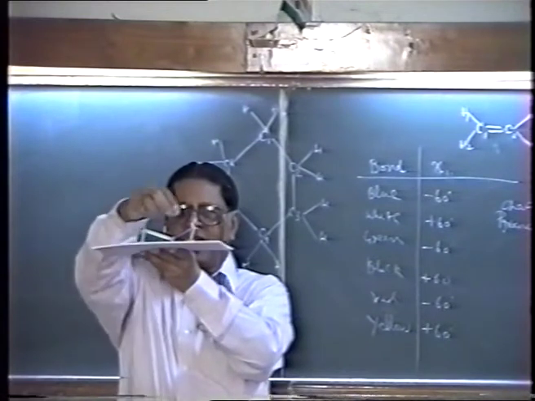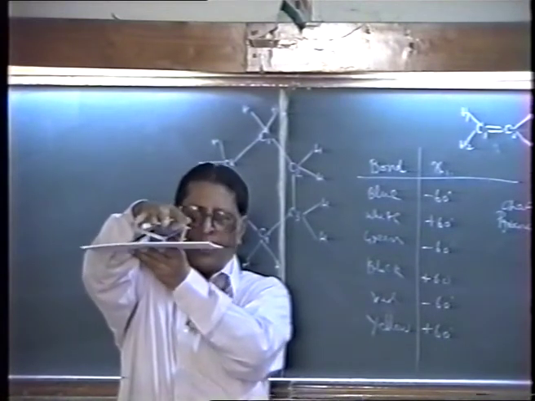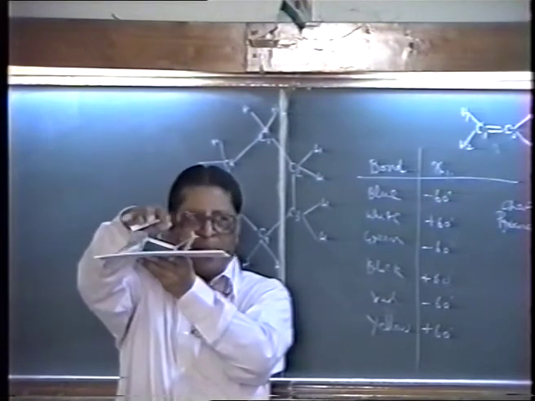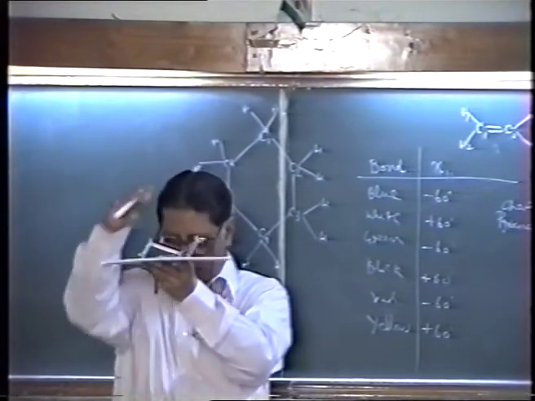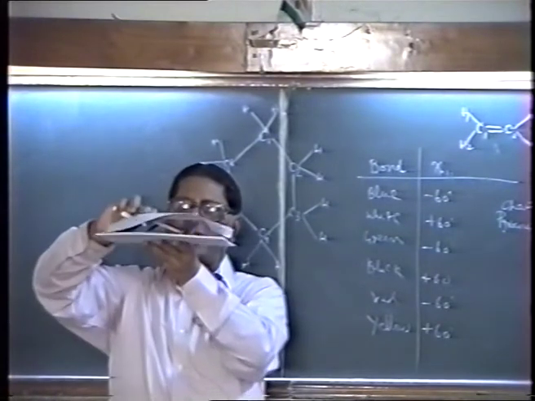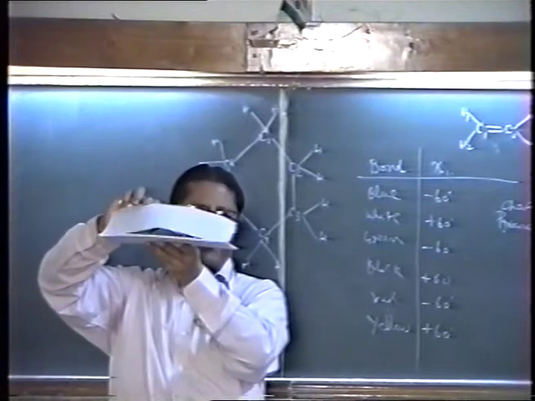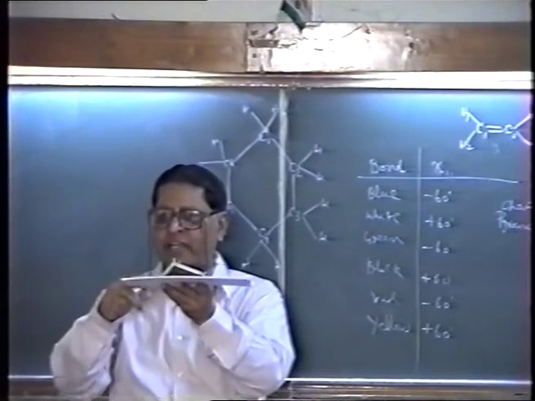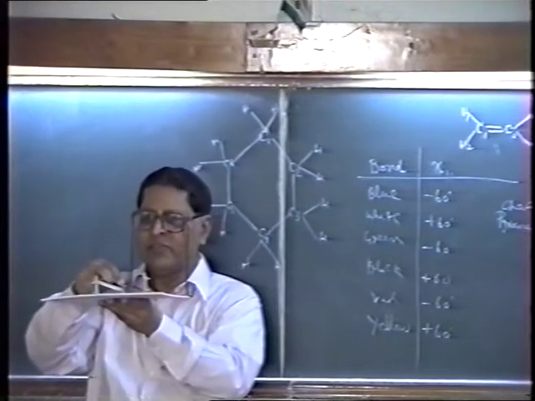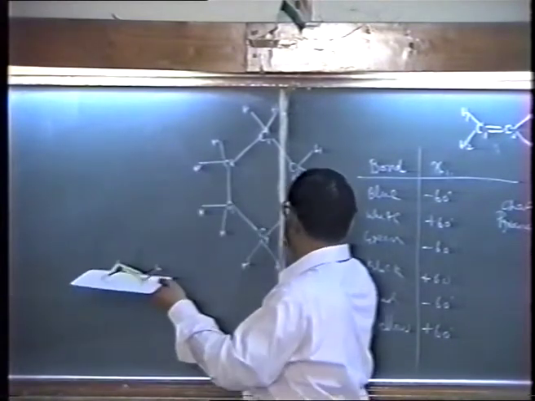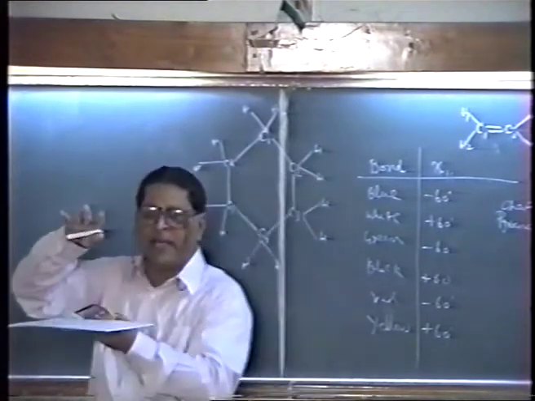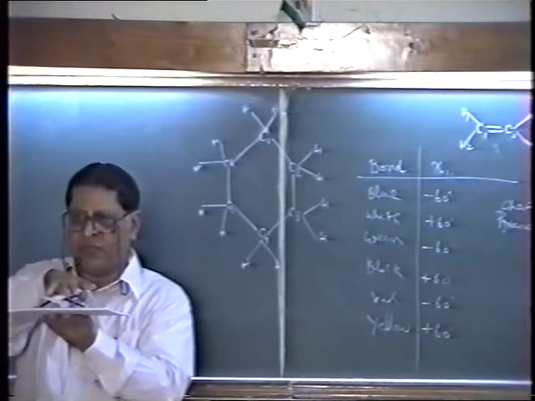This and this are all above on one side. Any three atoms will form a plane, and if you take another set which forms a plane, this and this will become parallel. So one way of looking at it is the plane formed by alternate atoms of the ring, either C1, C3, C5, or C2, C4, C6; the plane formed by that will be above this and parallel.